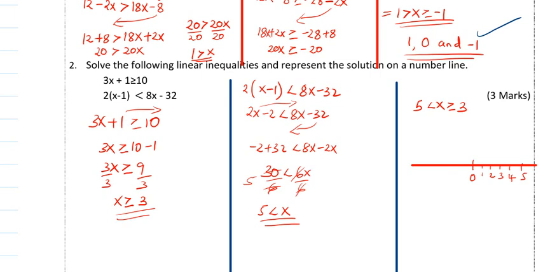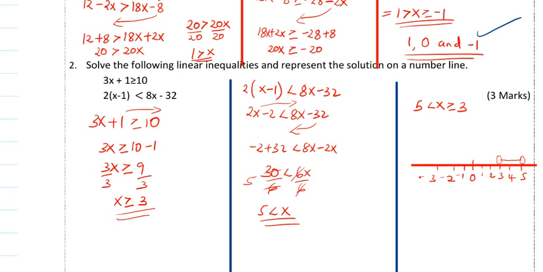On the other side we have 1, 2, 3. Numbers on the left hand side are always negative, so this one will be -3, -2, -1. Now, to represent this on a number line, we draw a circle at +3 and another circle at +5. We join the two circles using a straight line.